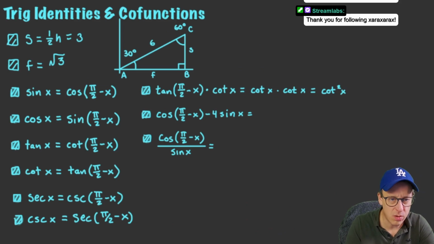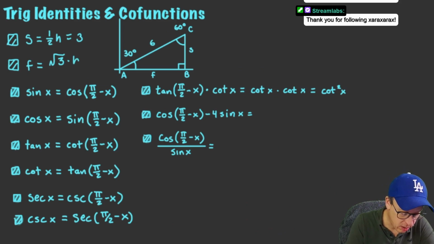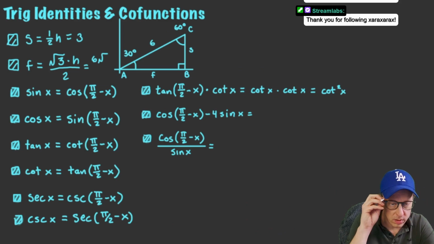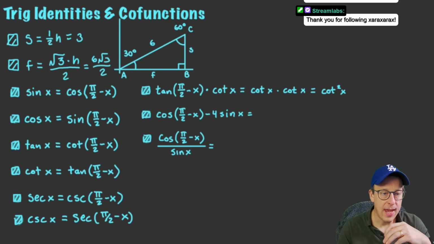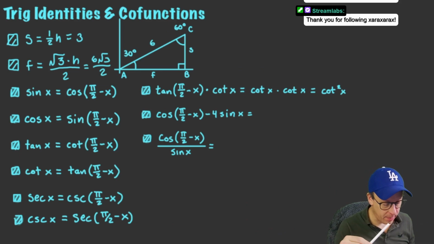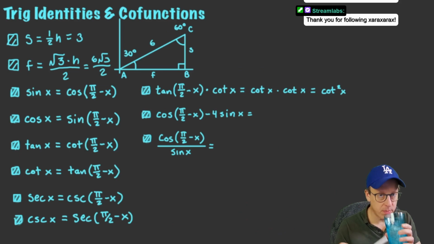So there is 3 times h divided by 2, which is going to end up being equal to 6 times the square root of 3 divided by 2. And we know the angles in a triangle are going to add up to 180 degrees because we talked about that previously.